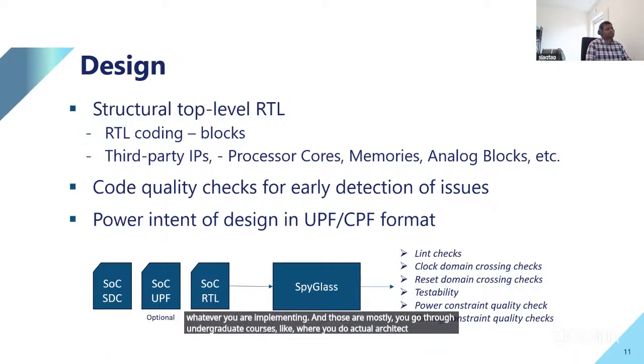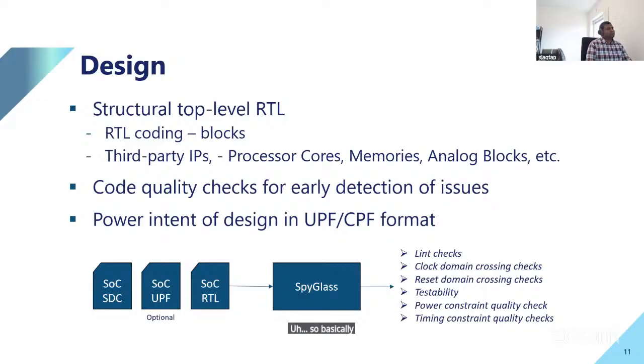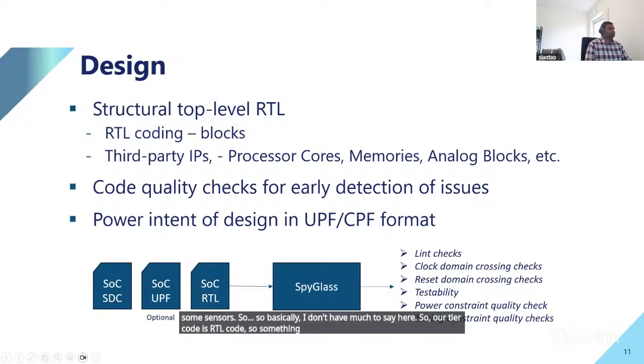That could be a counter also. Digital design depends on what your functionality is. It could be a simple state machine which is controlling some sensors. So I don't have much to say here. RTL code is RTL code, something which you want to implement your functionality.